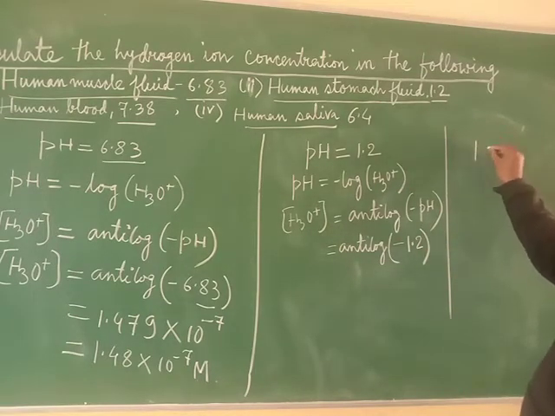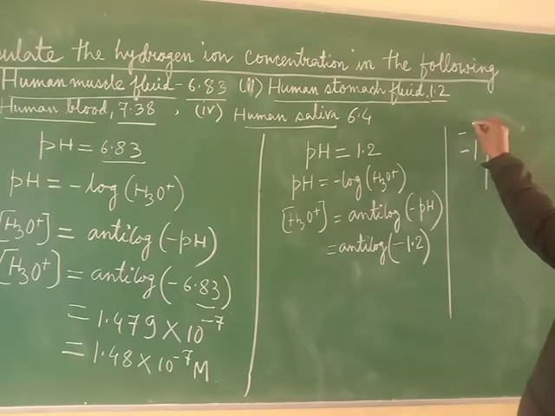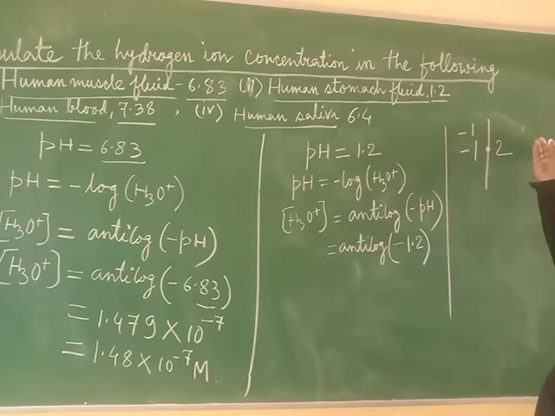First of all, you divide this number into two parts. To the part which is ahead of the decimal, you add minus 1. And the part which is after the decimal, that number you subtract from 1.